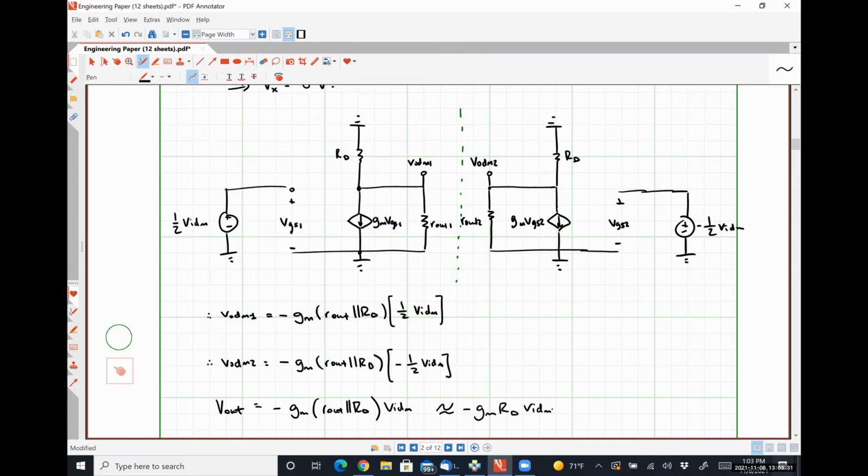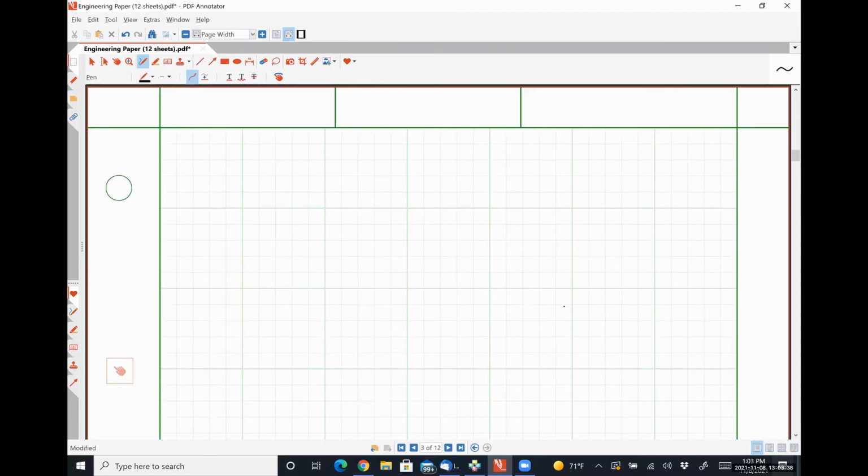So that's one way to do it, and we'll talk about that in a minute. The first way would be if we bias this guy with PMOS current sources first. So if we replace the resistors RD with PMOS current sources like this, all right?